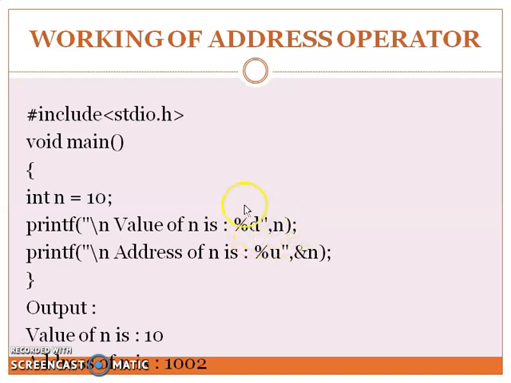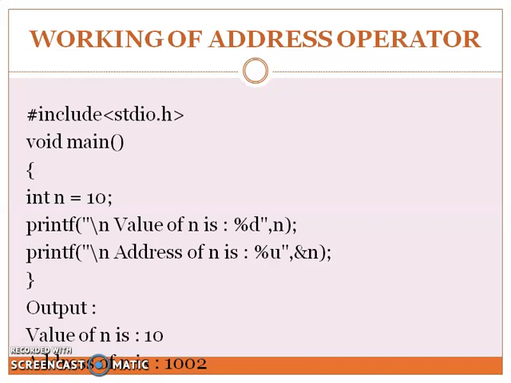This returns the actual value of the variable n. Next, we want to print the address of that variable n. At that time we use the format string u, which is used to print the address of that variable, that is, the memory location of that variable.